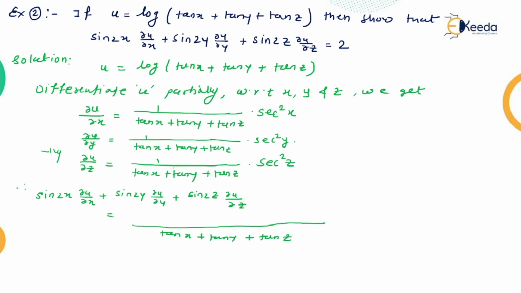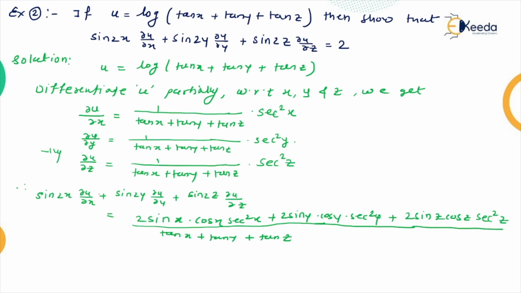Then you just multiply sec square x by sin 2x, which becomes 2 sin x cos x into sec square x, plus 2 sin y cos y into sec square y, plus 2 sin z cos z into sec square z.